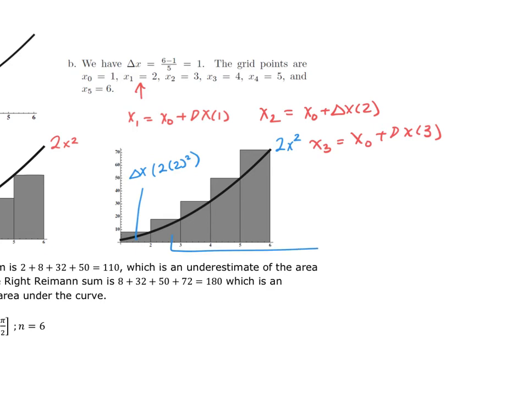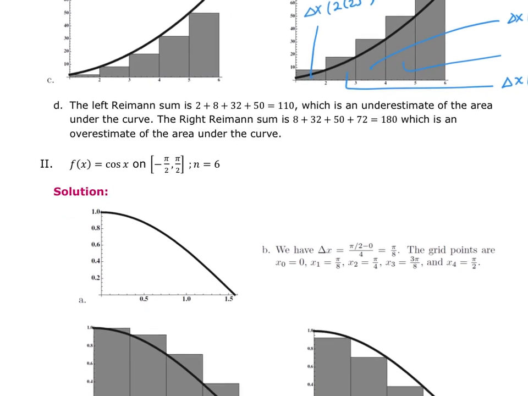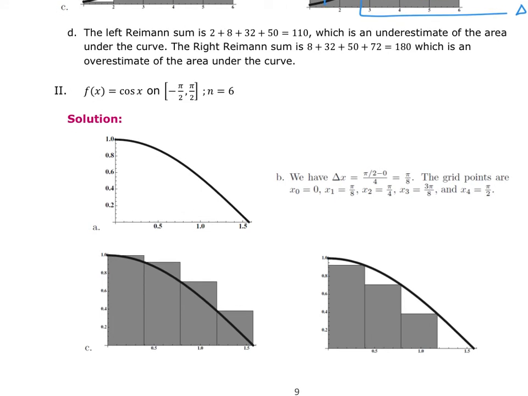This rectangle is going to be my delta x multiplied by 2 and then 3 squared. This rectangle is going to be delta x and then 2 multiplied by 4 squared, and etc. So then, of course, we have this next area, and we get all the way to the right-hand side. So we've either underestimated it or we've overestimated it.